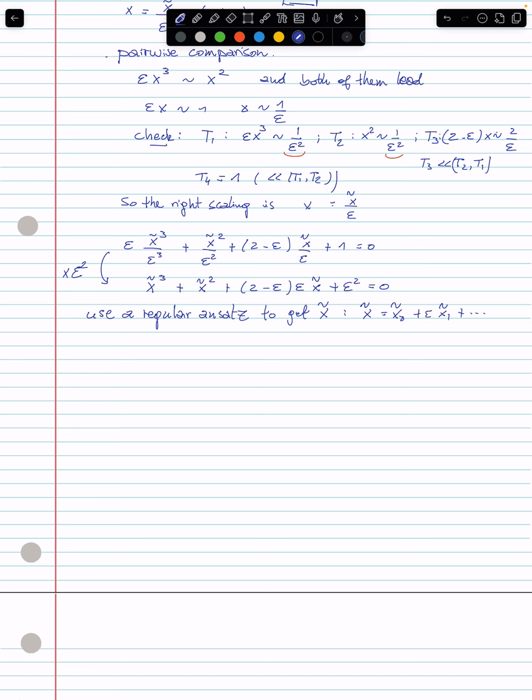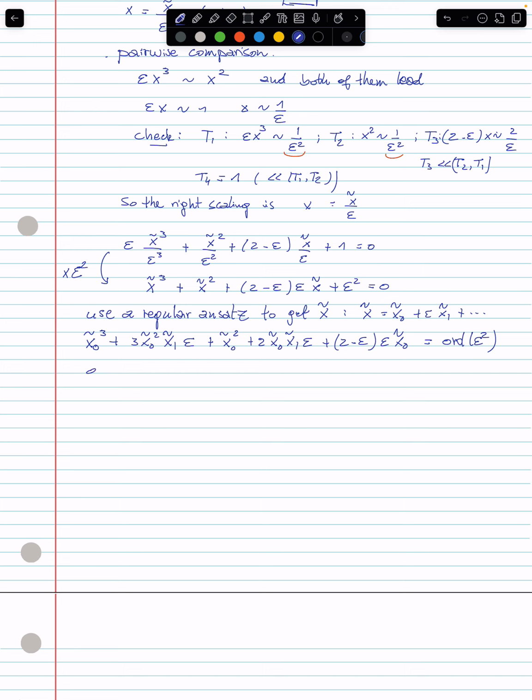All right, so if we substitute the ansatz in the governing equation, what we have is x0 to the third, 3x0 squared x1, plus terms of order epsilon squared that I'm just dropping now, x0 squared, twice x0 x1 times epsilon, plus 2 minus epsilon x0, plus nothing, is equal to order epsilon squared.